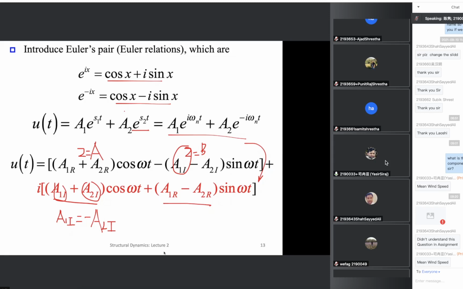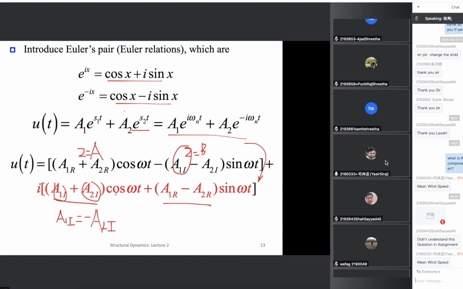I got it. Okay, because if you have something imaginary here, that means it is not real, but the vibration is real. So you must make the imaginary part become 0. Therefore, we can have a mathematical expression to describe a real phenomenon, a real vibration.